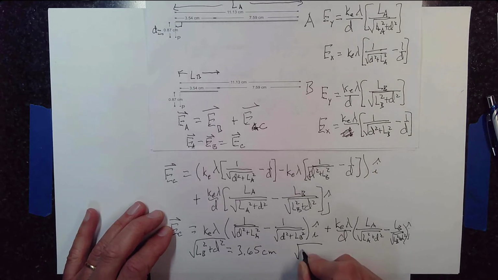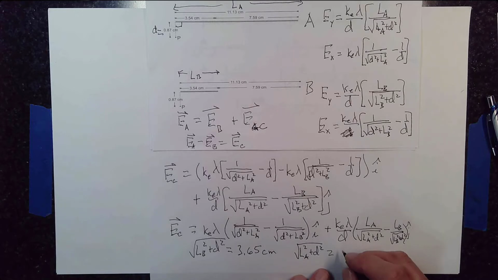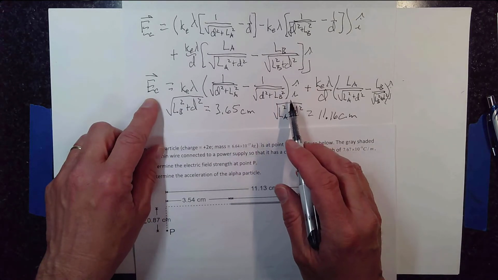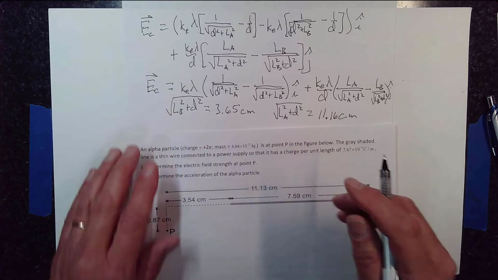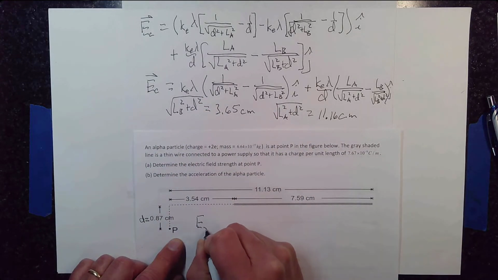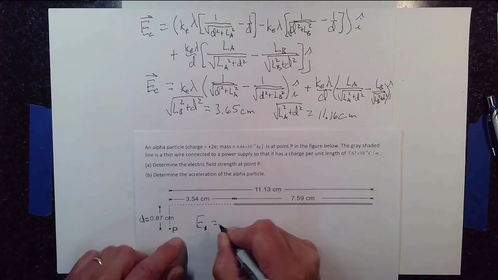The square root of L sub A squared plus D squared, 11.16 centimeters. Okay, well, E sub c is the electric field at E. So if I plug in the numbers there, I'll do the x component by itself because it's bad enough.